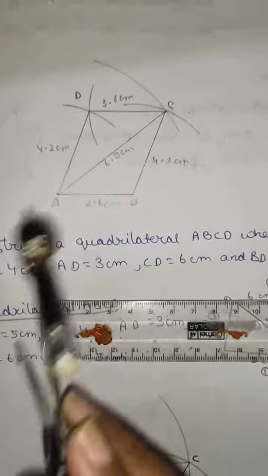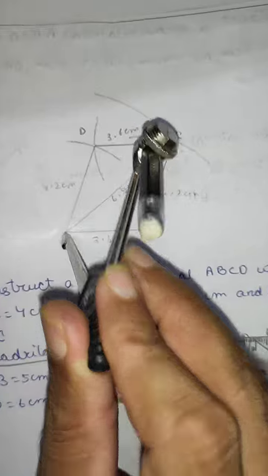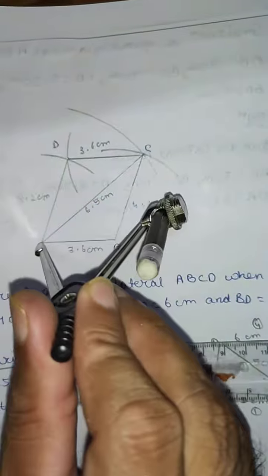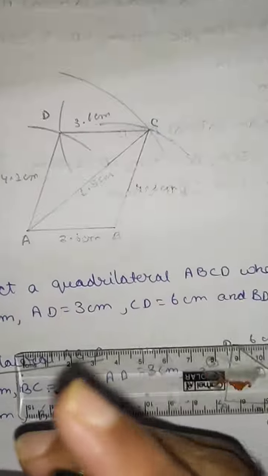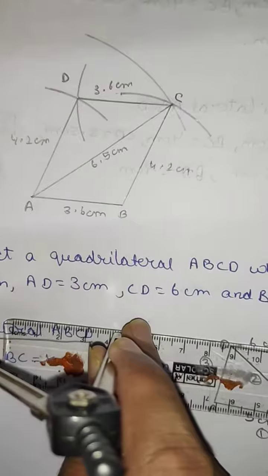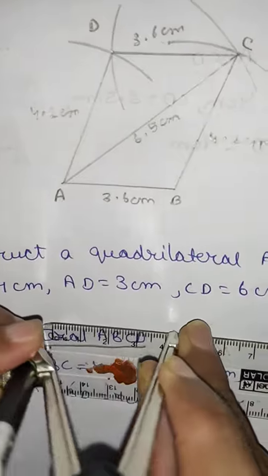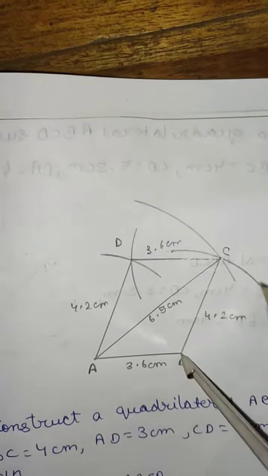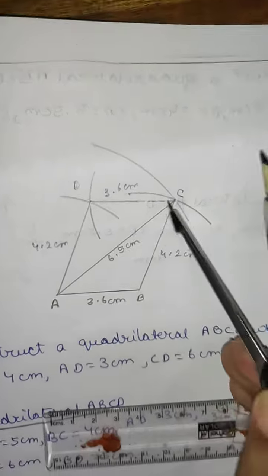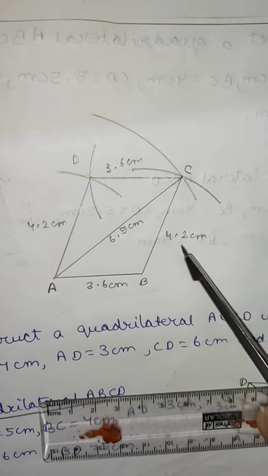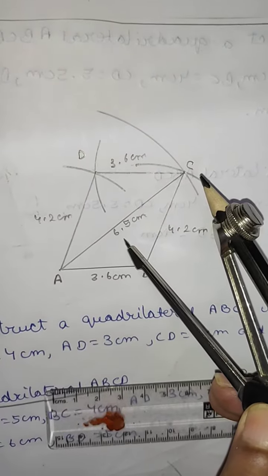After measuring 6.5, put the compass at A point, make one big arc. Then third measurement 4.2, that's your BC. So measure 4.2 accurately. Then from B point cut this one. This intersecting point will be C. Join AC and BC. This is 4.2, this is 6.5.